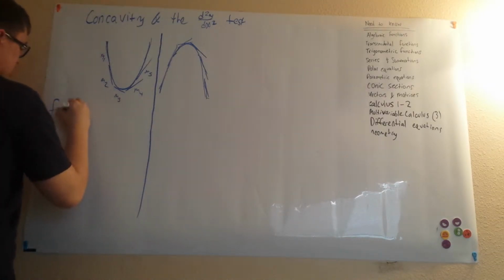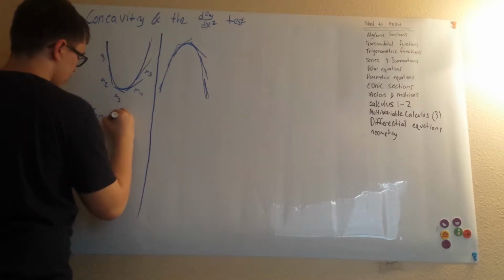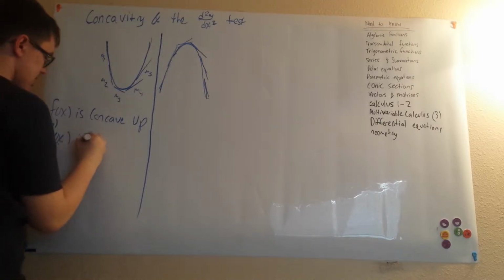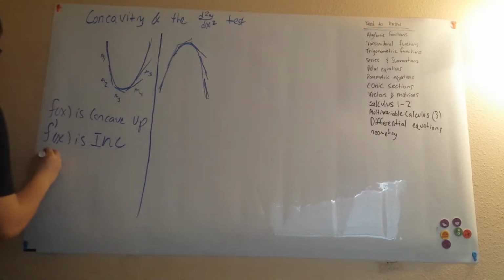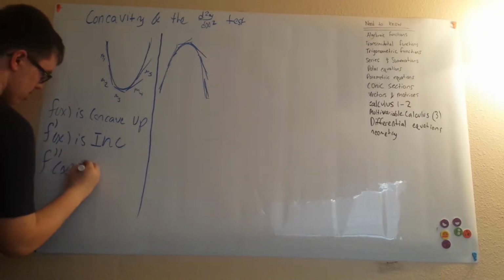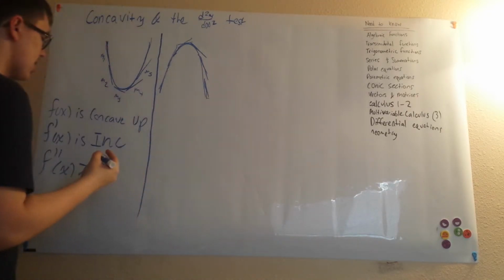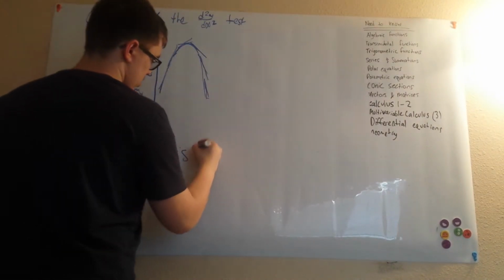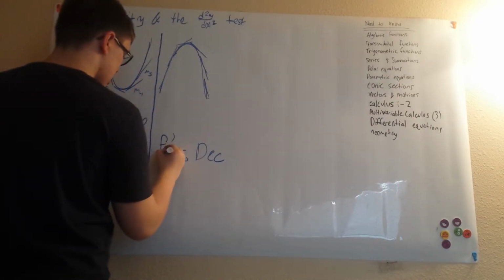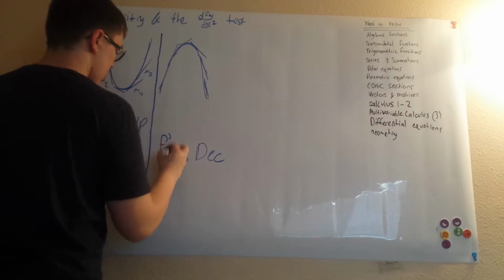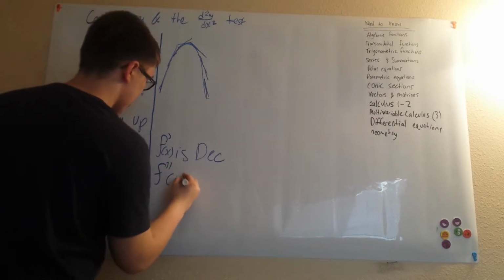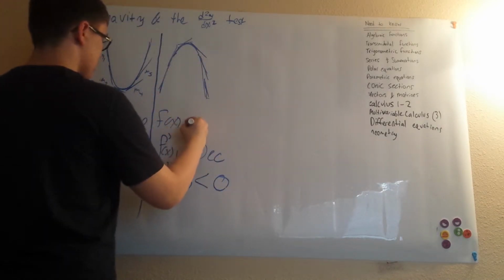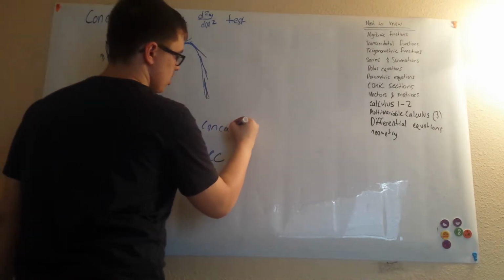So f of x is concave up, f prime of x is increasing, and f double prime of x is greater than 0. In this case, our slope was decreasing, which means f prime of x is decreasing, f double prime of x is less than 0, which also means f of x is concave down.